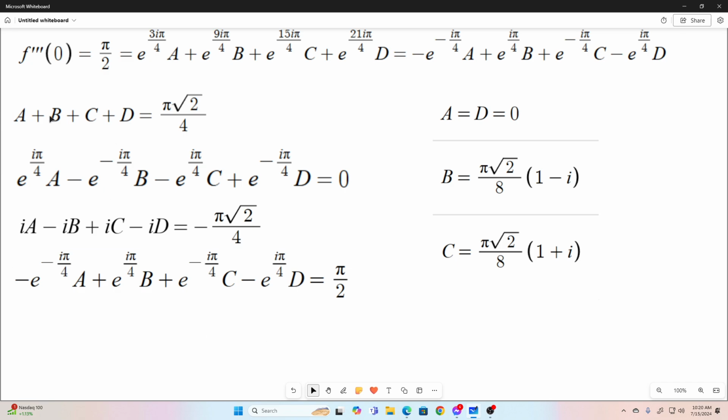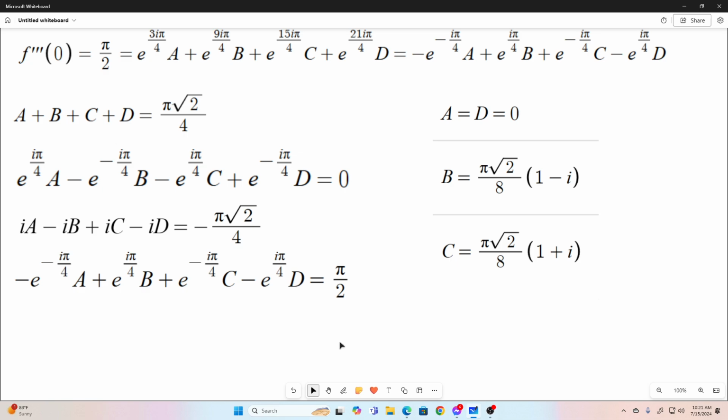We have 4 unknowns, and we have four equations, making it absolutely possible, not easy, especially since we're dealing with complex numbers, but it makes it possible for us to find values for A, B, C, and D, which I've put over here. I'm not going to go through the entire process of solving for A, B, C, and D. There are multiple ways you can do it.